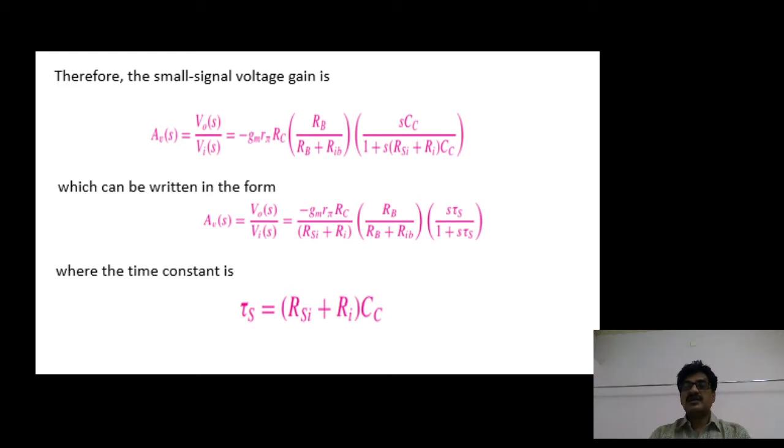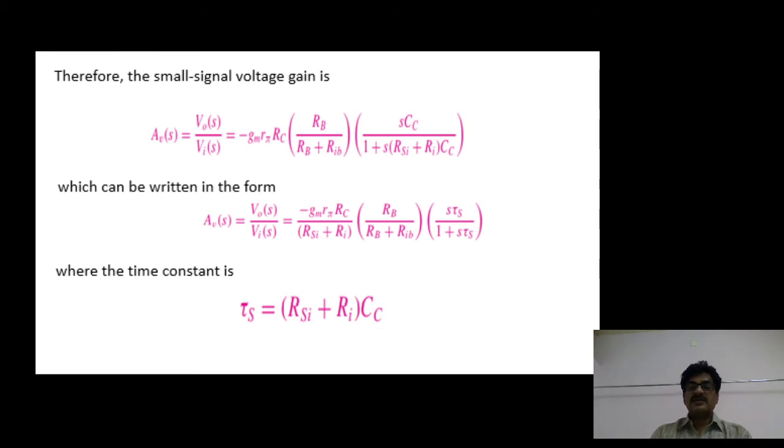If you take Rsi plus Ri as common, the equation can be modified including the time constant, where tau s is given as the product of resistance and capacitance. The resistance value is Rsi plus Ri into Cc.